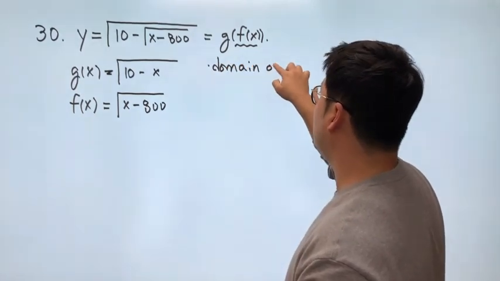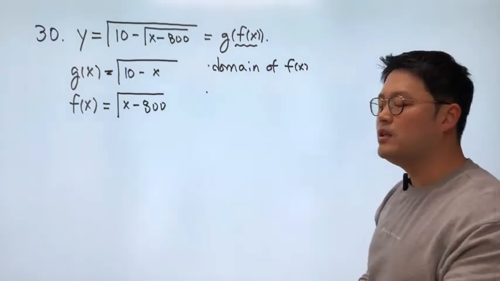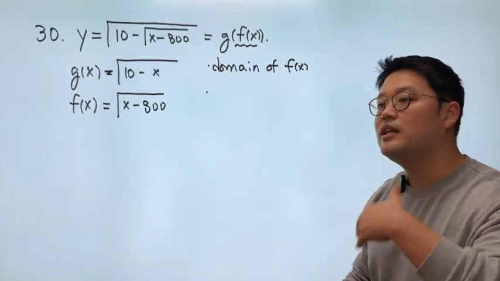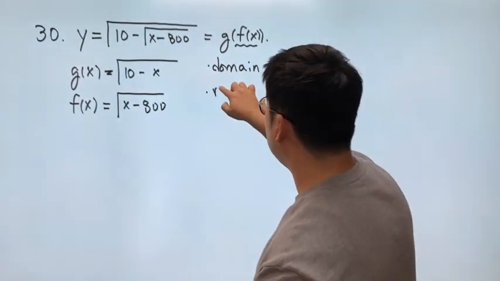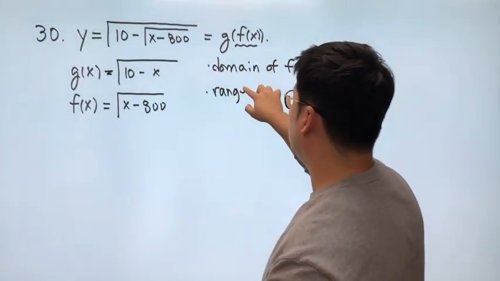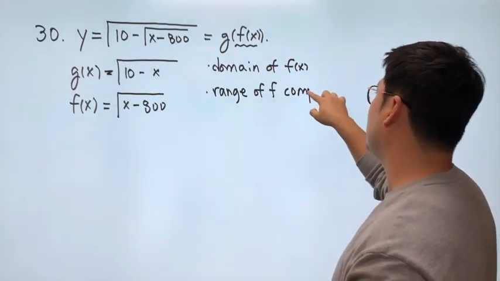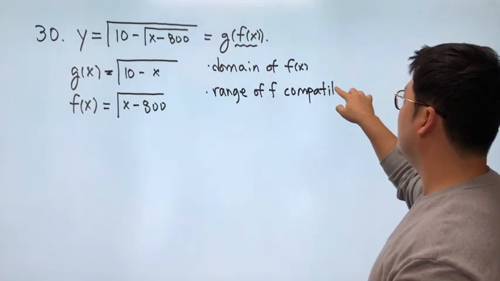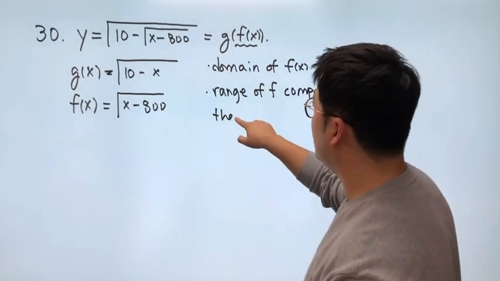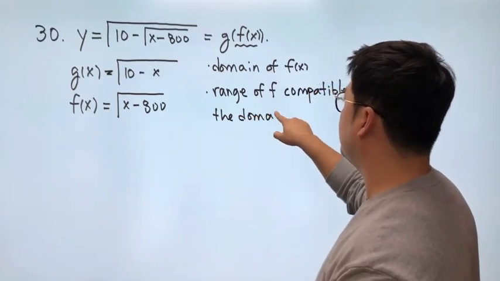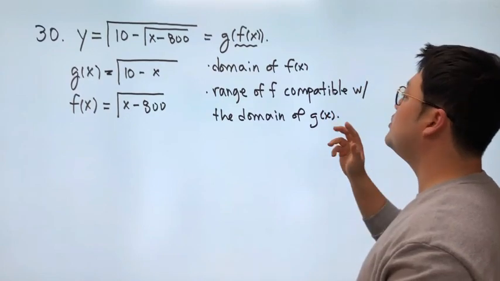And the second thing is that we need to think about the range of f being compatible with the domain of g of x. All right, so we have these two conditions.